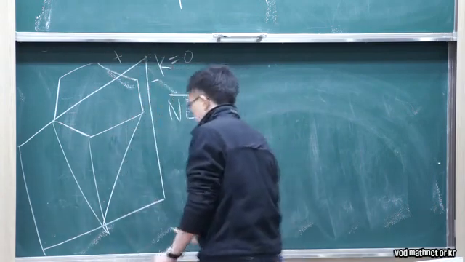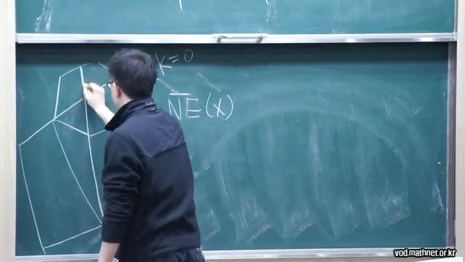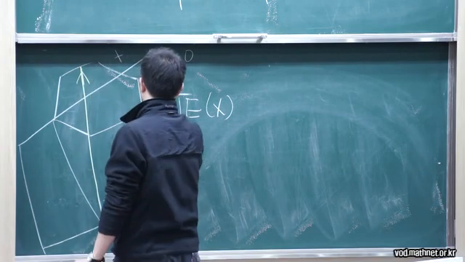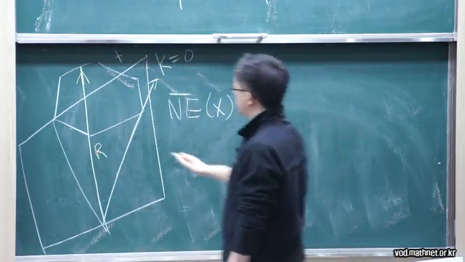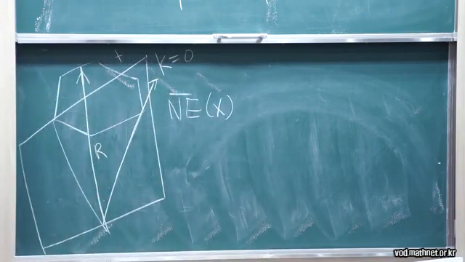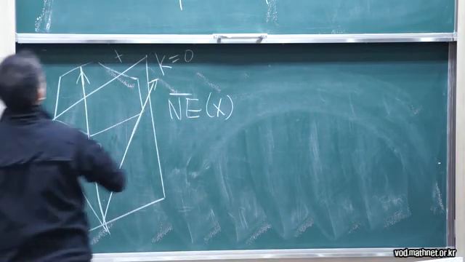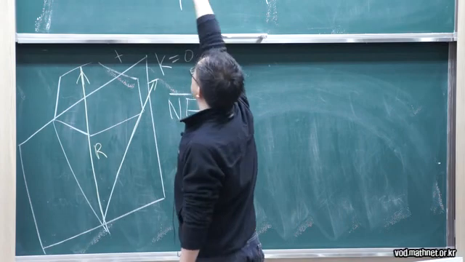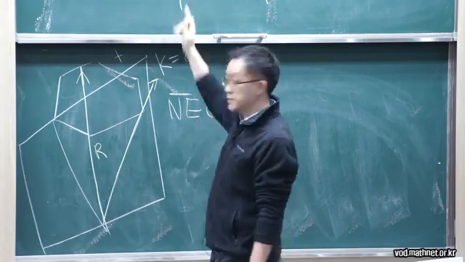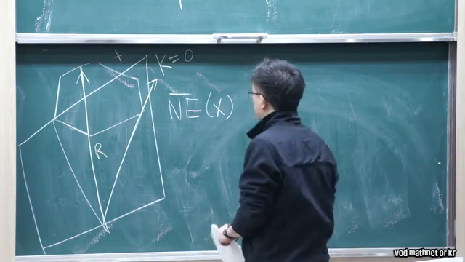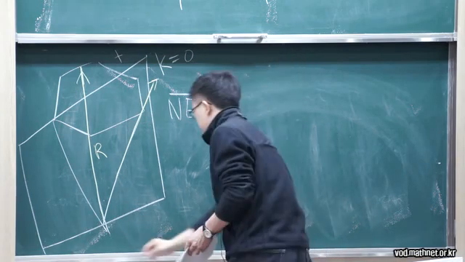And you have extremal rays, K-negative extremal rays. Such a ray R is spanned by a rational curve C, and for each R you have the associated contraction.